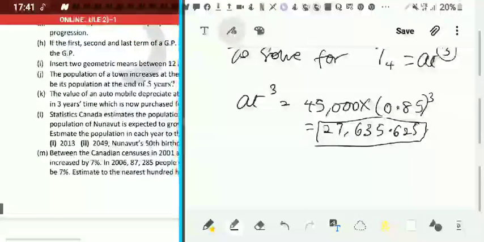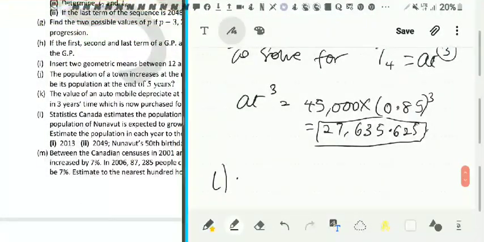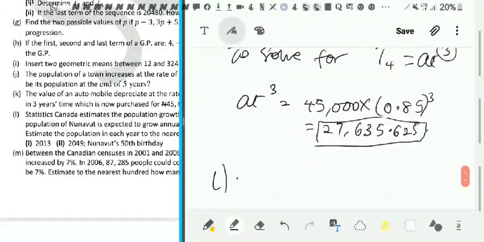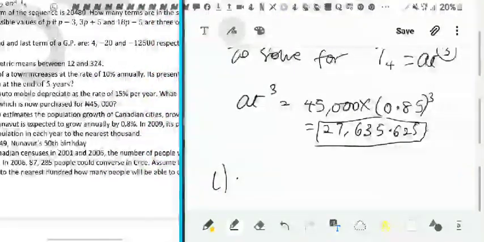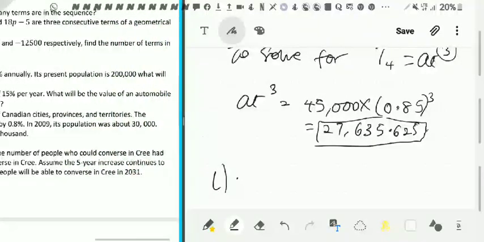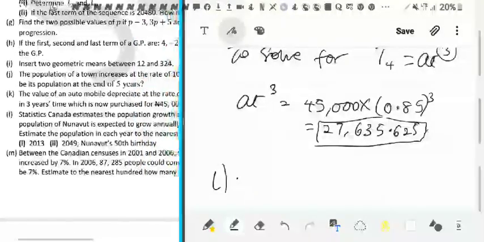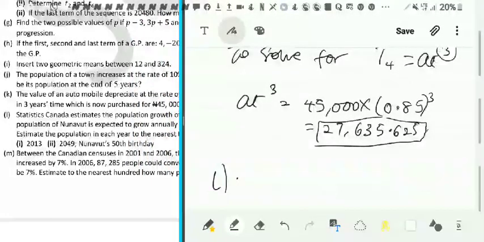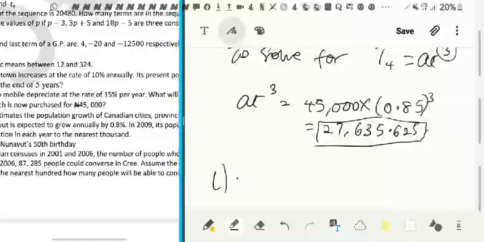Let's look at this other one. L. Statistics Canada estimates the population growth of Canadian cities, provinces, and territories. The population of Nunavut is expected to grow annually by 0.8%. So this is massive growth. 0.8%, that's 80% increase every year.